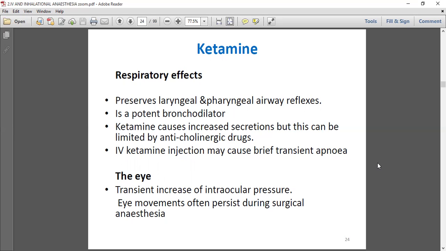But remember I said in the beginning that the patient is in that state of, what's the term? Does anyone remember? I said it and even forgot it. Dissociative anesthesia. Since the patient is in that state, there will be eye movements, as if the patient is awake, but they are not.